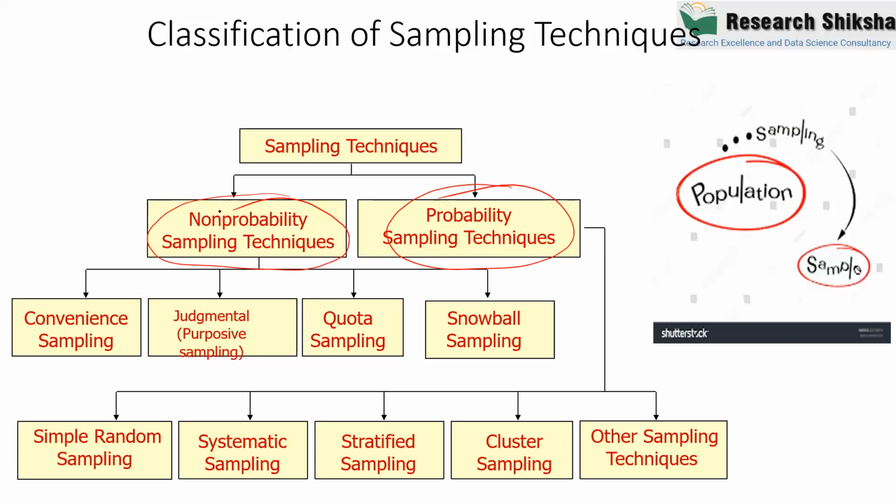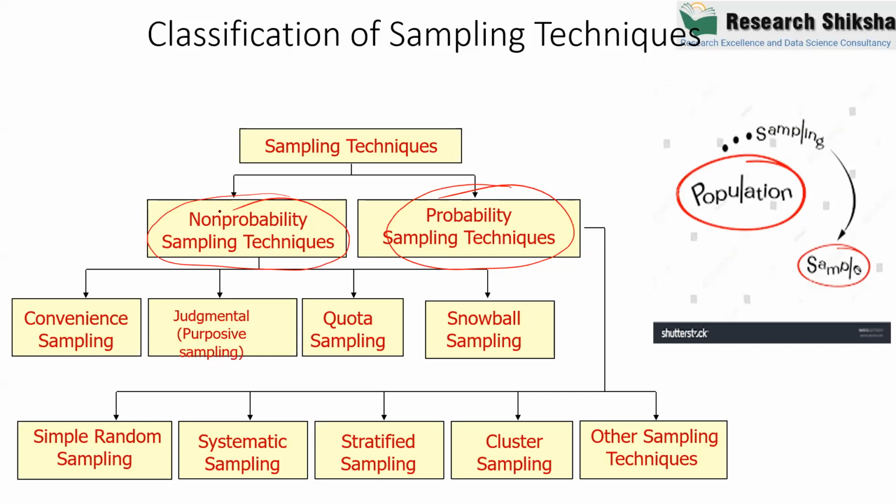Now, in non-probability sampling, suppose your boss says that I am going to promote any two people in the department. Do you think your chance is equal to the chance of anybody else? Can we say the chances of each and everybody are equal? Because I know that there is a lot of corporate nepotism, the chances of some are very high and the chances of some are very low.